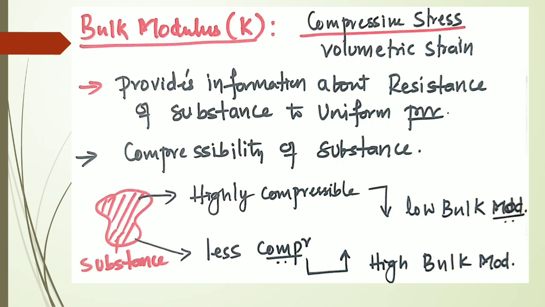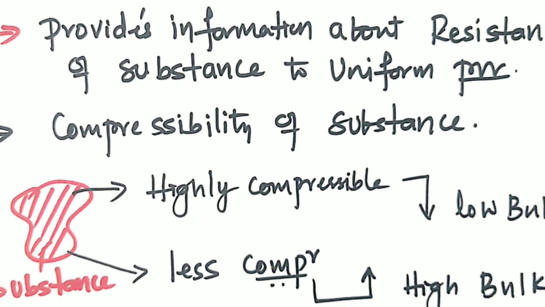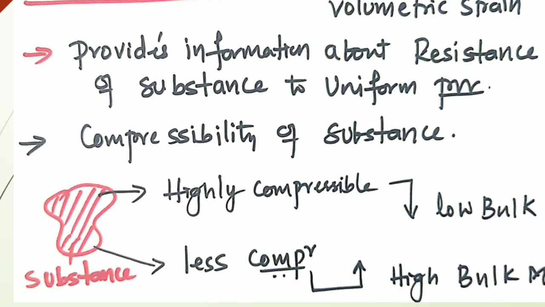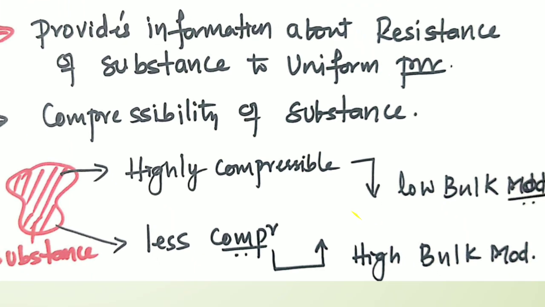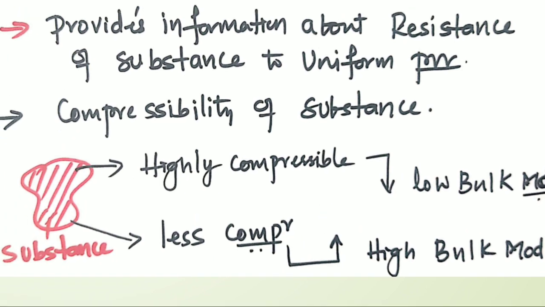Okay. So suppose I take any substance, the higher the compressibility, the value of the bulk modulus will be low here. Higher the compressibility, the bulk modulus will be low. So lesser the compressibility, the bulk modulus will be higher here.